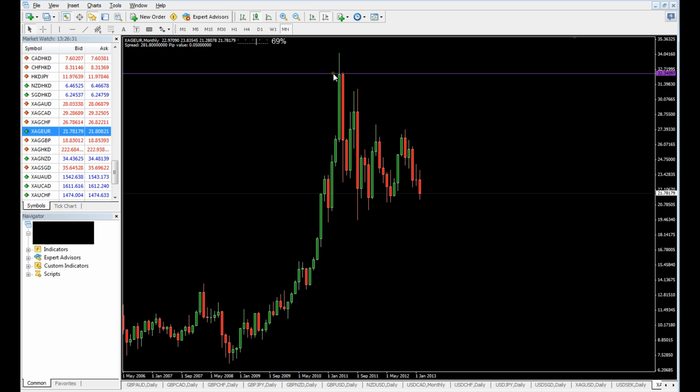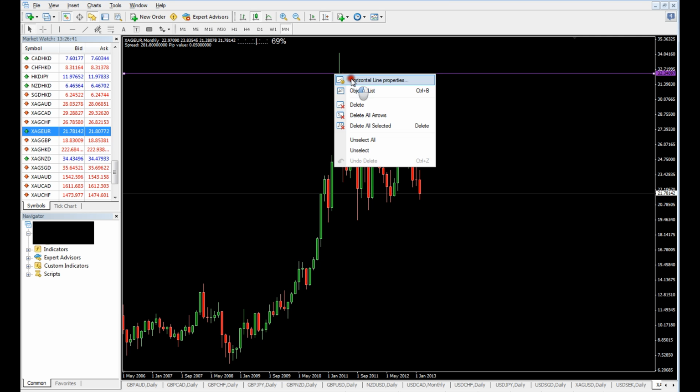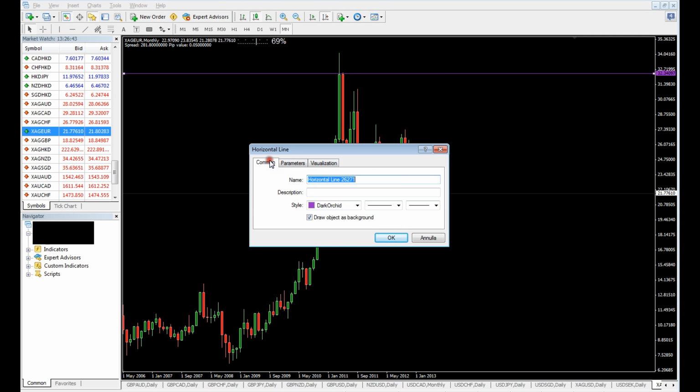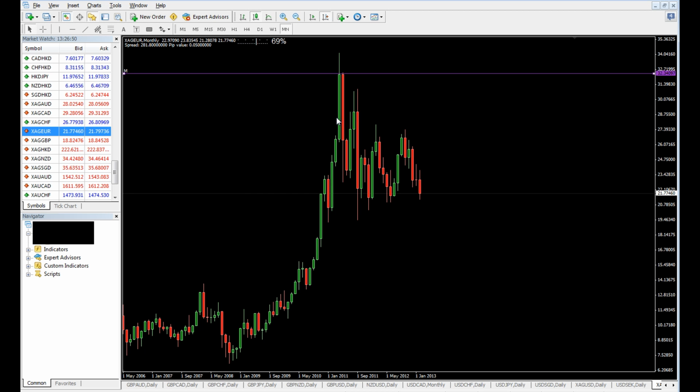So in order to do a fairly comprehensive analysis, we may start on the monthly and start placing some lines. I'm going to label them as well. For example, place M for monthly, W for weekly, and D for daily on the various lines.